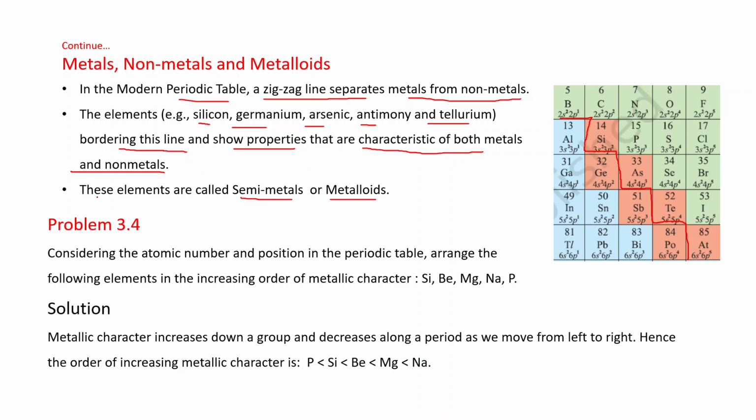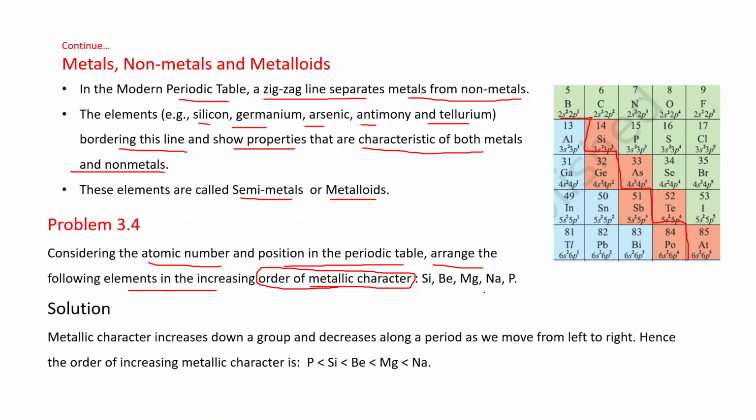Now there is one question of your exercise, that is your index question. Considering the atomic number and position in periodic table, arrange the following elements in increasing order of metallic character. As we already discussed, if we go from left to right, metallic character decreases, and if we go from top to bottom, metallic character increases.